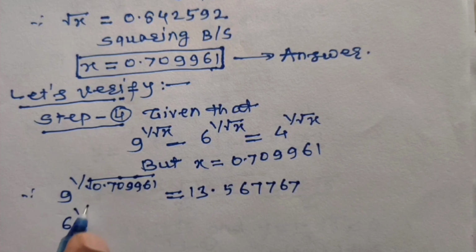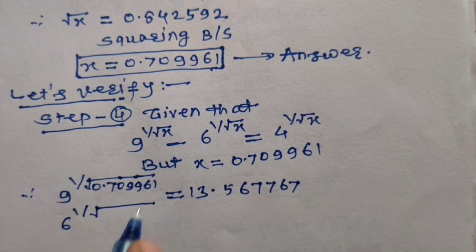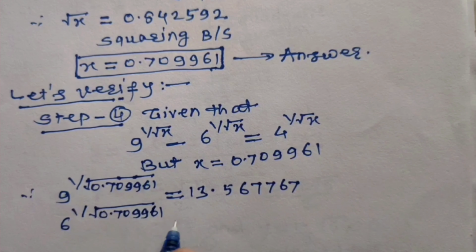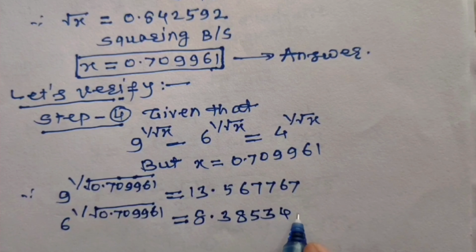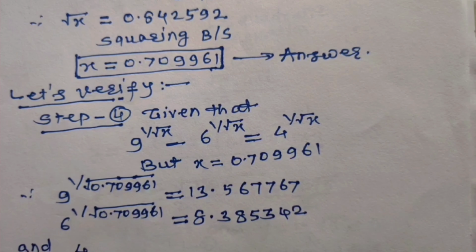Here, 9 to the power 1 over square root of 0.709961, using a calculator, its value is 13.567767. Similarly, the value of 6 to the power 1 over square root of 0.709961 is equal to 8.385342.